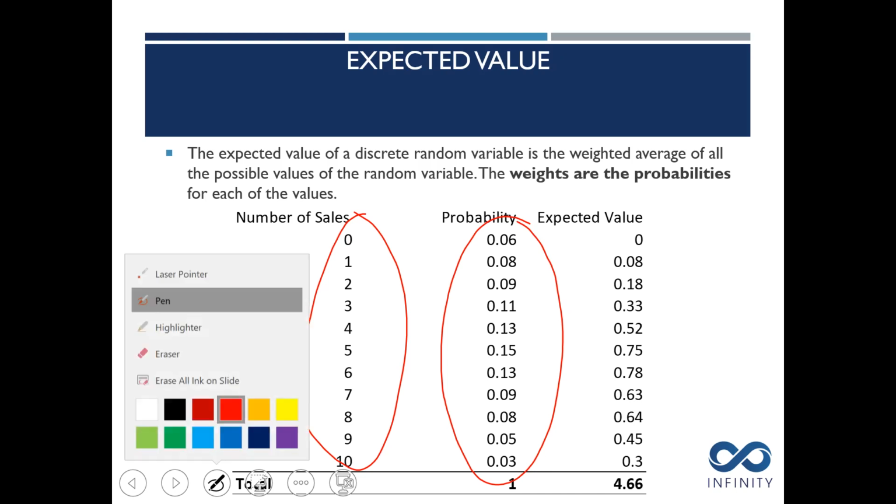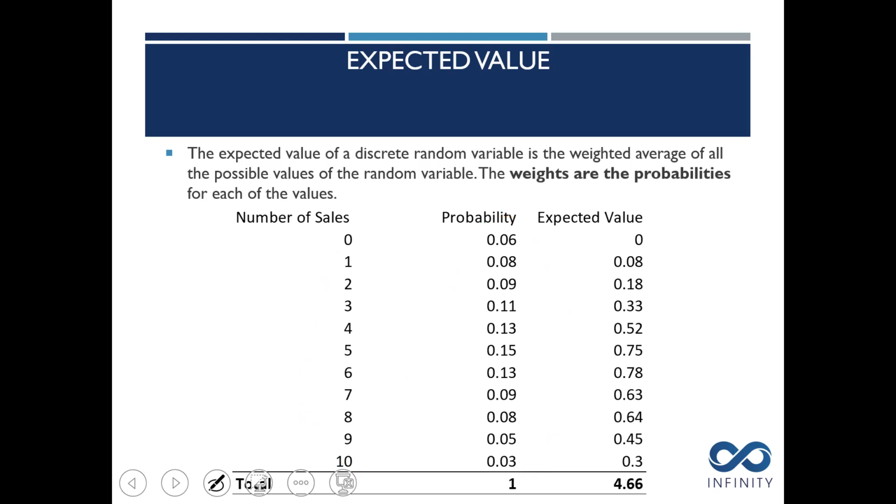Or we can say this is a weighted average of the values, weighted by their probabilities. And we got 4.66 here. This is the expected value of a particular day, the average of all possible values weighted by their probabilities. That is going to be 4.66 per day. This is how we calculate expected value.